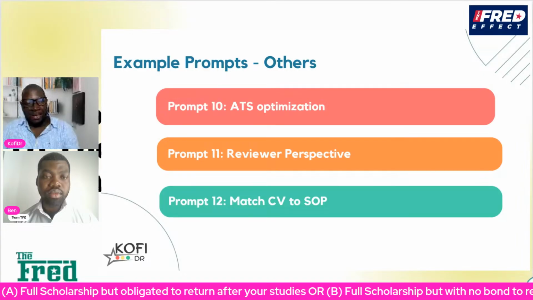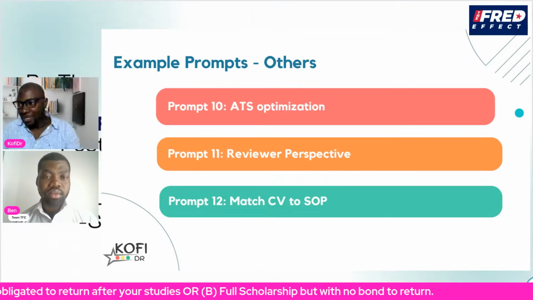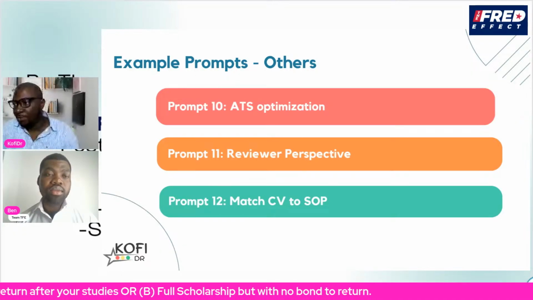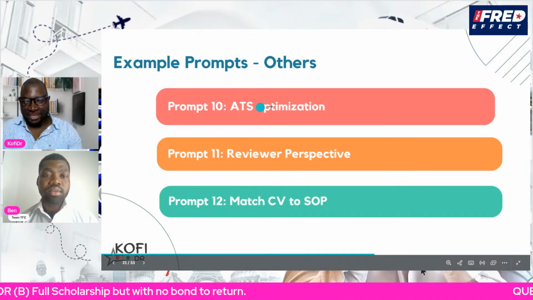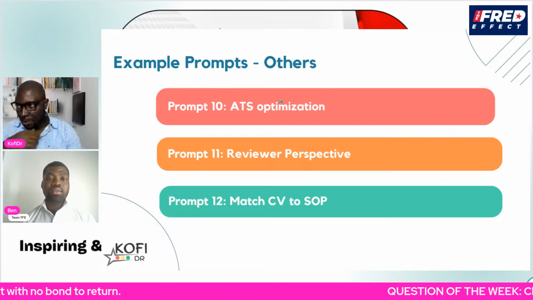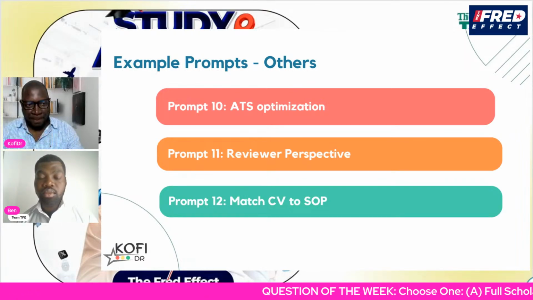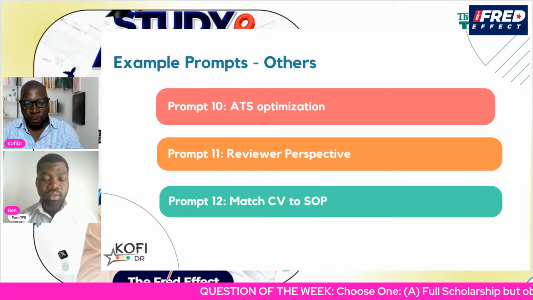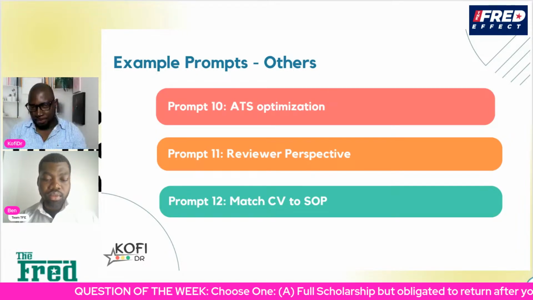Now, I'll talk a little bit about ATS optimization. So there are applicant tracking systems. So if, let's say, you've applied for a graduate assistantship role where there is a job description, it is a job.